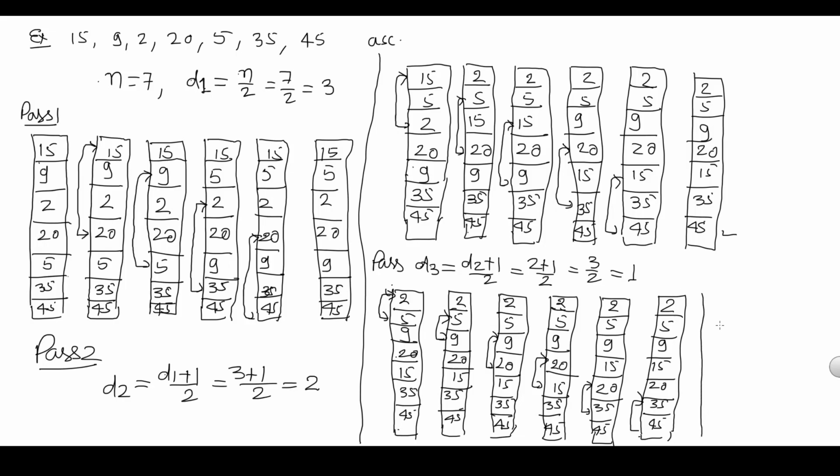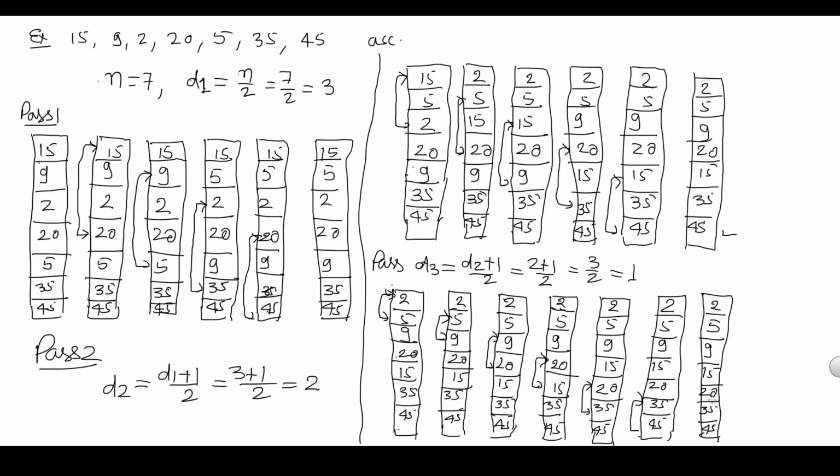Because 35 is less than 45, no swapping will be done and we will get the final array 2, 5, 9, 15, 20, 35 and 45.